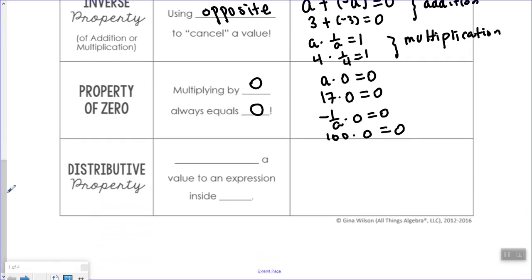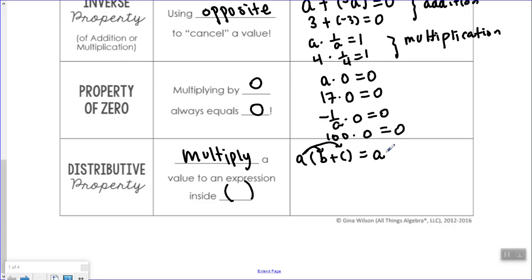And distributive property, multiply a value to an expression inside parentheses. So you always need to have a parenthesis if you use a distributive property. If you don't have parentheses, that means you don't distribute. So for example, 8 times b plus c inside parentheses, this is you distribute.